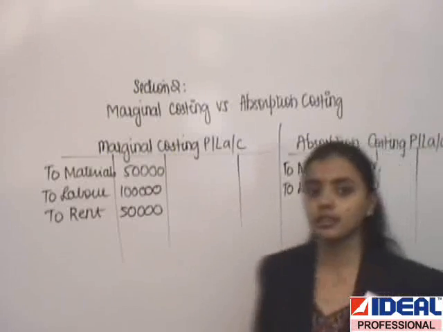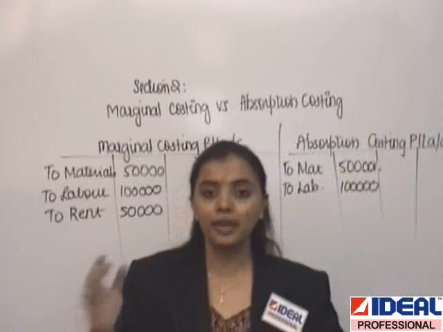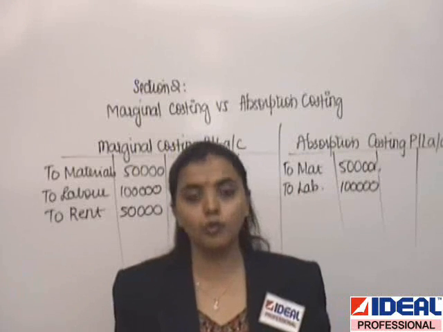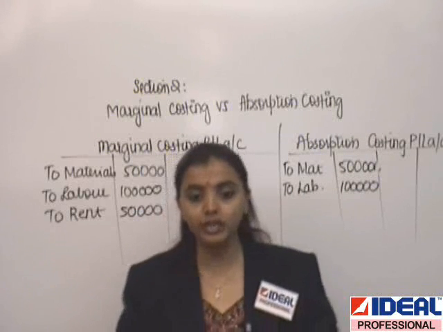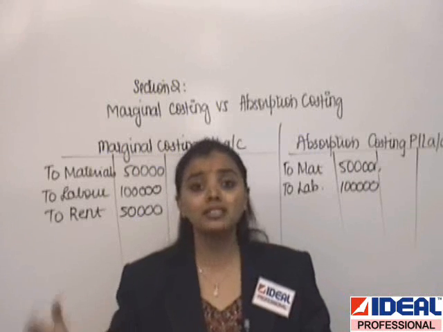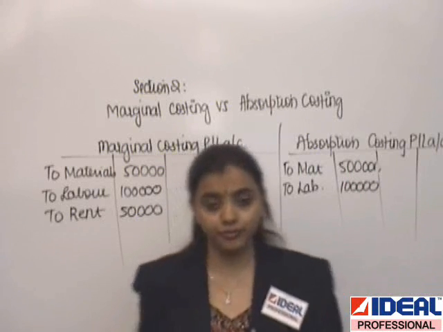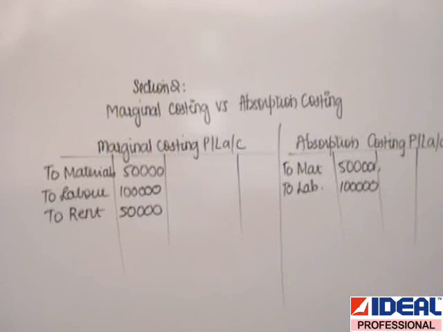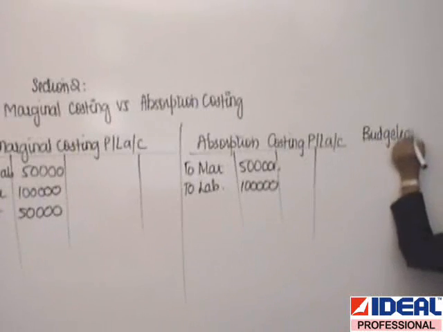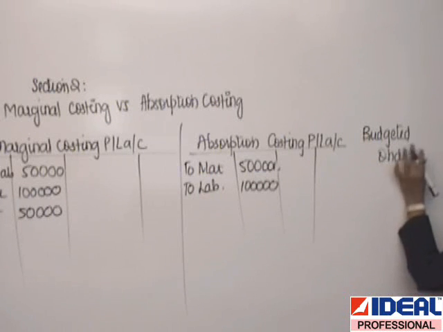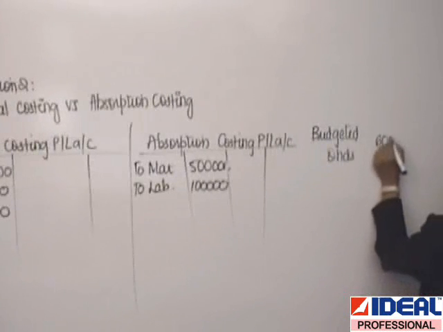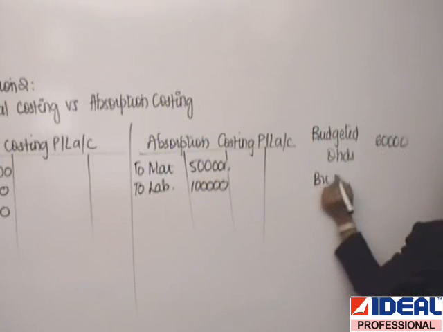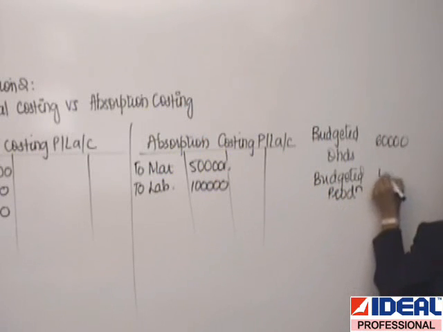In absorption costing, first we determine a predetermined absorption rate, commonly known as OAR, overheads absorption rate, that is found using budgeted overheads and budgeted production. Let's say our budgeted overheads is 60,000 rupees and budgeted production is 2000 units.